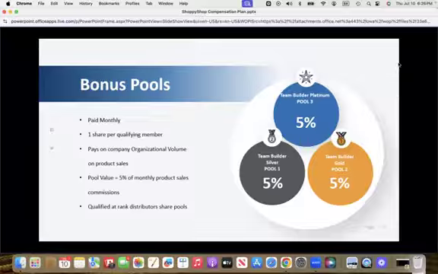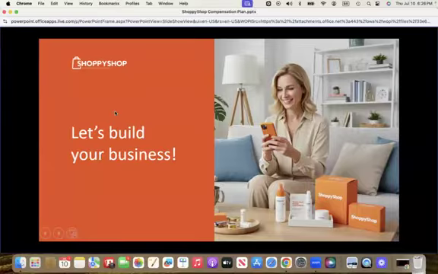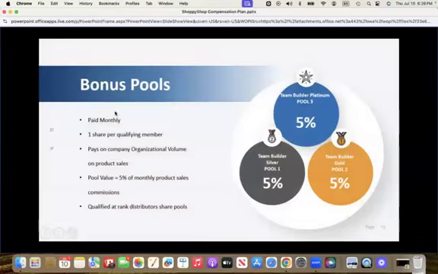If you hit the next bonus pool, a gold team builder, you're going to end up with another share. And here's the beautiful thing: the more bonus pools you qualify for. In some comp plans, you only get whatever percentage of whatever rank you hit or bonus pool you hit.